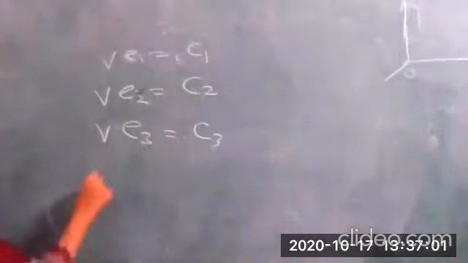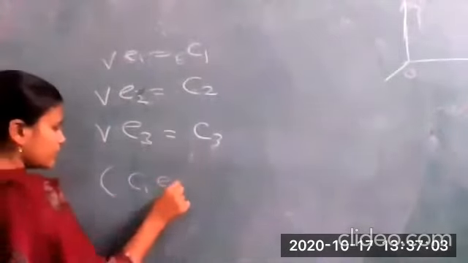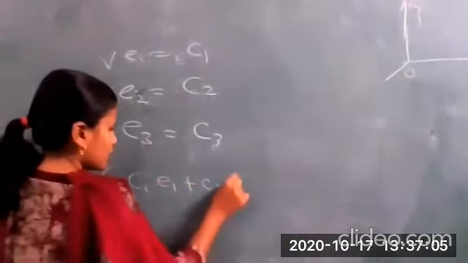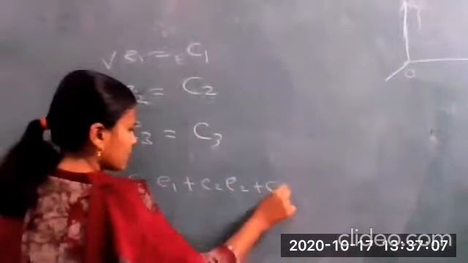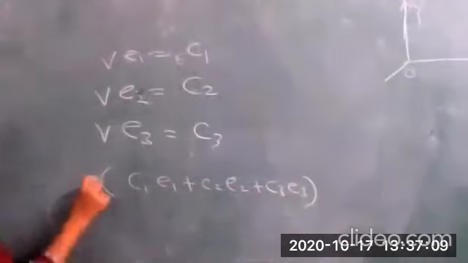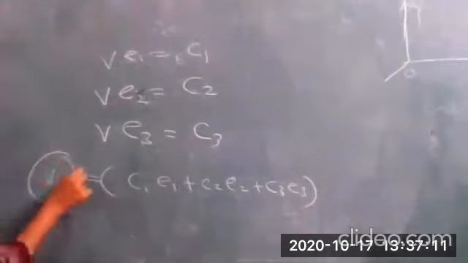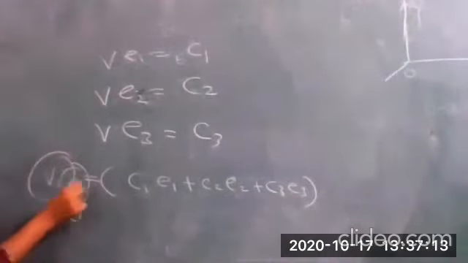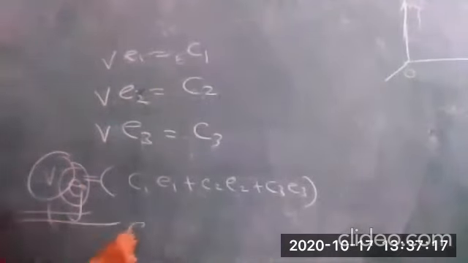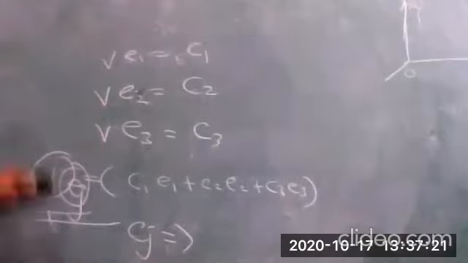What do we have to do? This C1 E1 plus C2 E2 plus C3 E3 is nothing but your V. Simply you have to perform a dot product with EJ, and you will get the value of CJ. So what do I get?